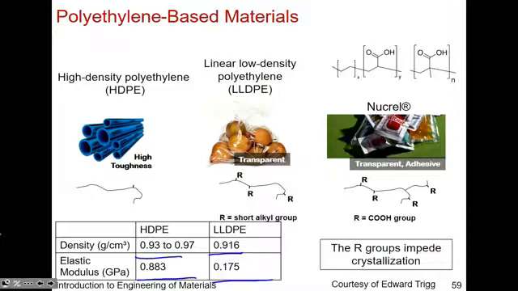High density polyethylene is used for more structural applications, and the figure you see here is of sewage pipes, plumbing type of applications. And if you have these functional groups a little bit more dispersed, you get linear low density polyethylene, which you use in everyday life when you go to the grocery store and get a plastic bag.